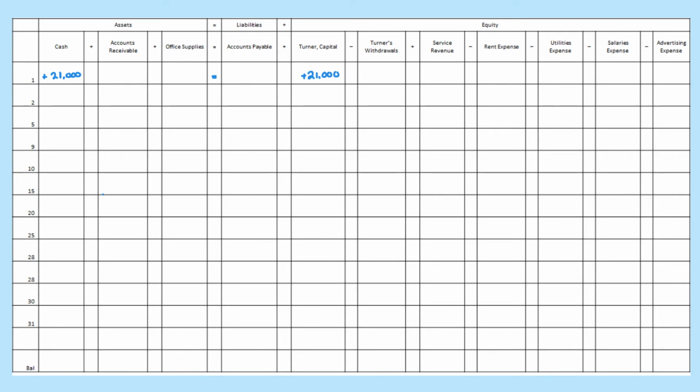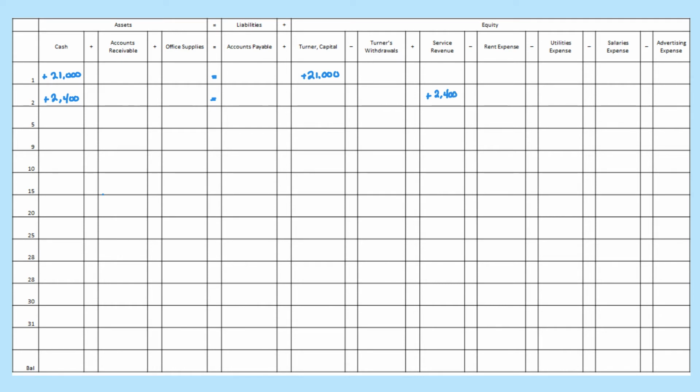Now on December 2nd, received 2,400 cash from customers for services performed. So I received cash, so the business cash increased by 2,400. The second account affected is service revenue, and it will increase my equity by 2,400.